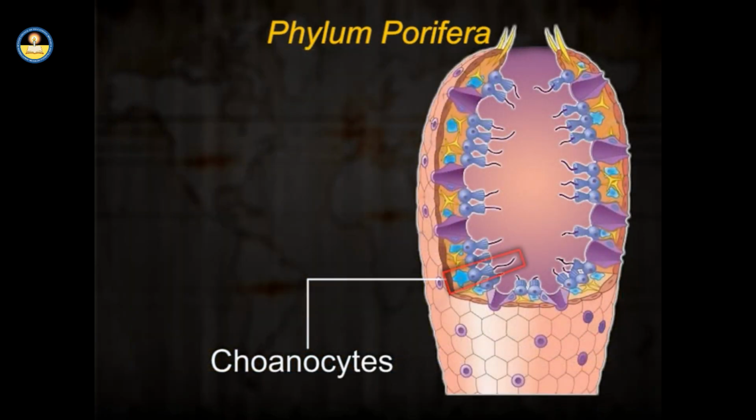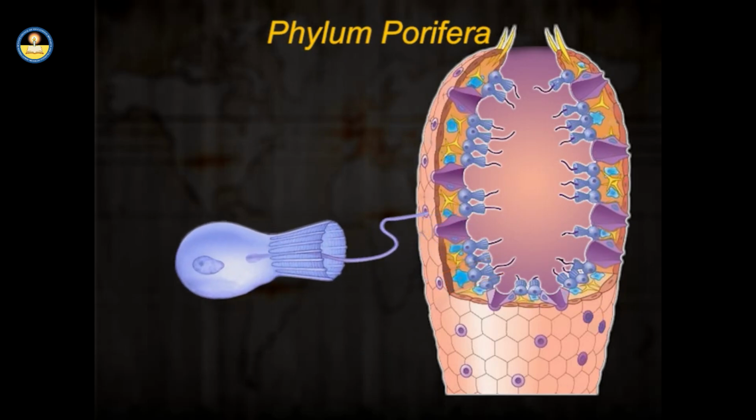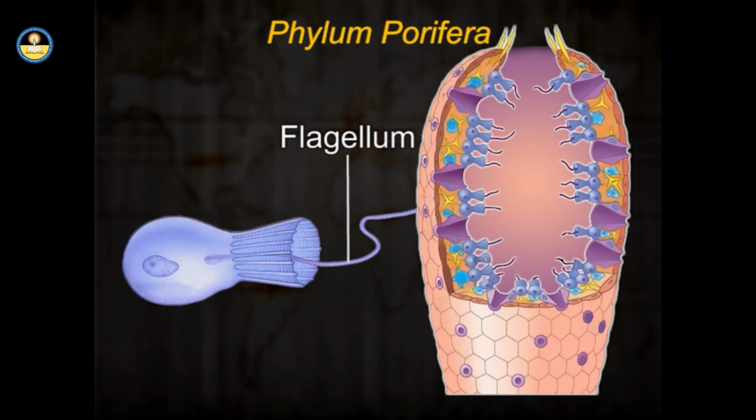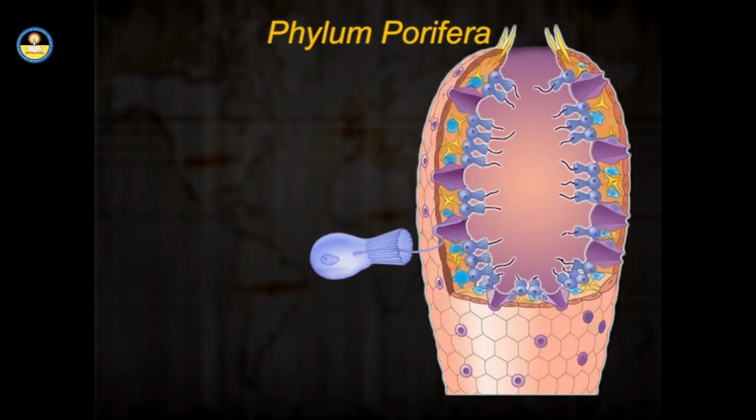These distinctive cells, choanocytes, line the interior body walls of sponges. These cells have a central flagellum that is surrounded by a collar of microvilli. Their flagella beat to create the active pumping of water through the sponge.